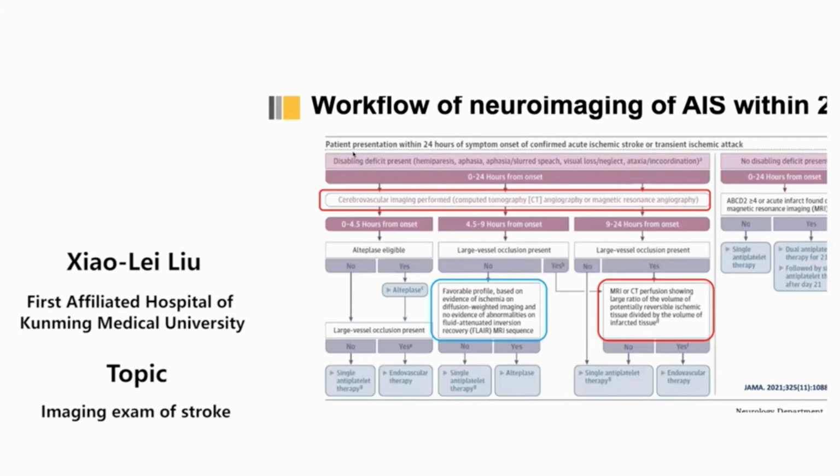Let's see the details. The patient presents within 24 hours of symptom onset of confirmed acute ischemic stroke or transient ischemic attack, with disabling deficits present.